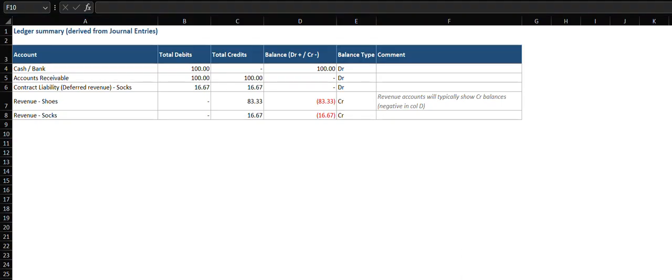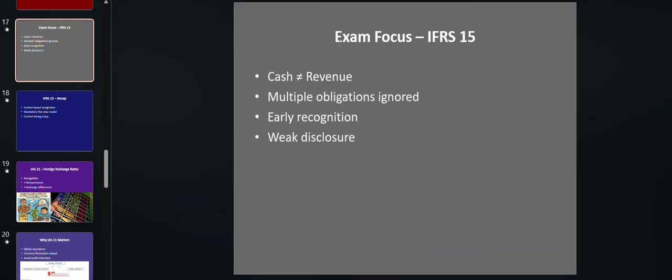After this example, now we will move to the exam focus points. Students who are preparing for the exam should be careful of the common traps they face. Usually, they confuse receiving cash with earning revenue, as revenue and cash are not equal.